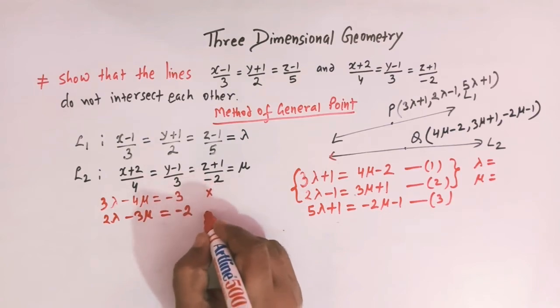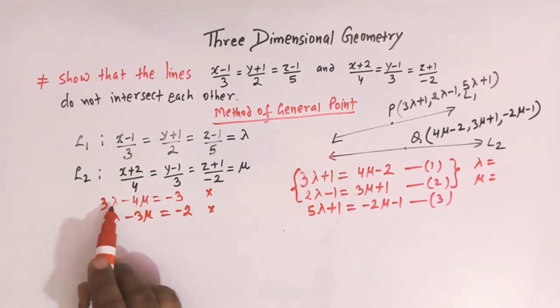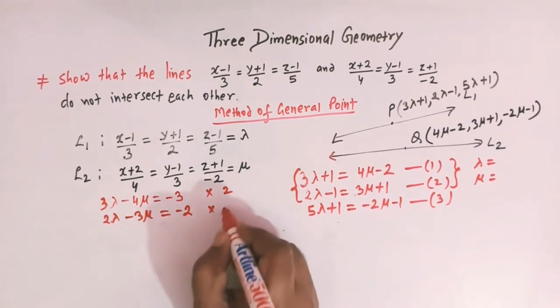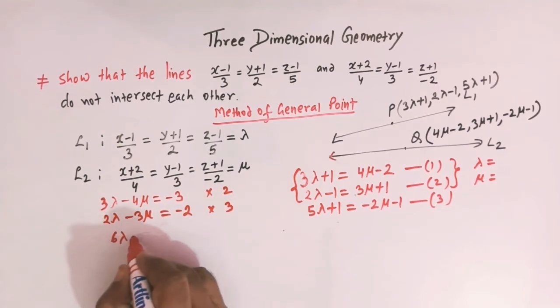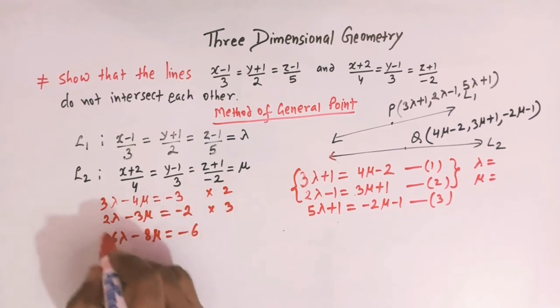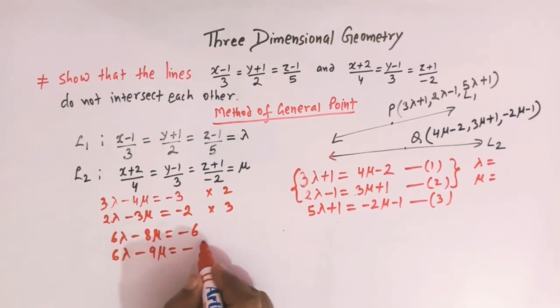We'll try to solve it by the method of elimination, and we'll equate the coefficient of λ in these two equations. So we'll multiply the first by 2 and the second by 3. We'll get 6λ - 8μ = -6, and here we'll have 6λ - 9μ = -6, right?